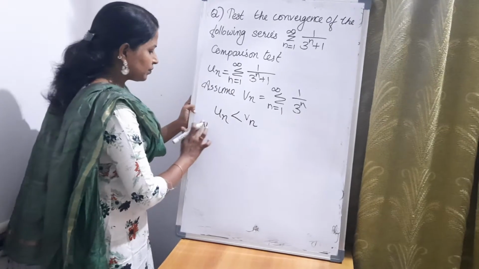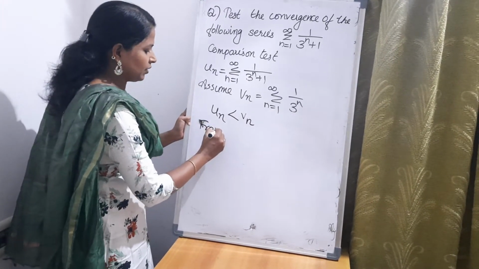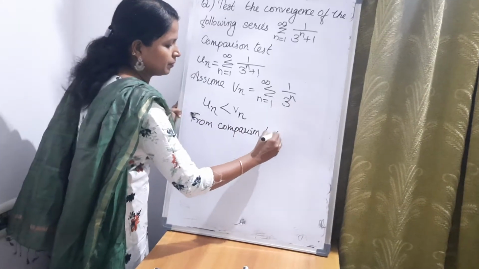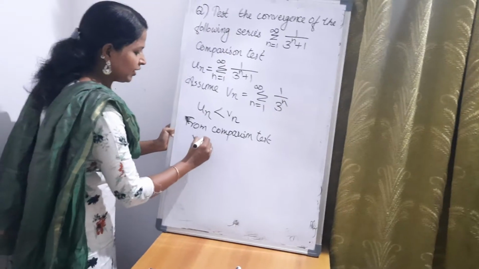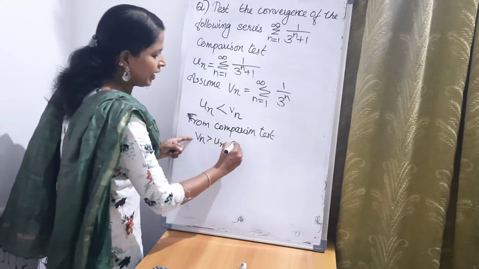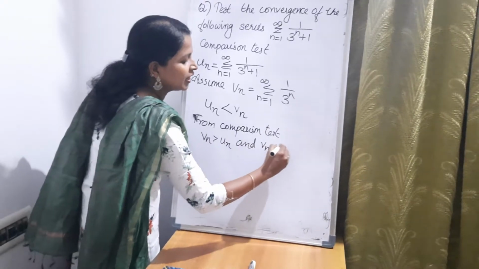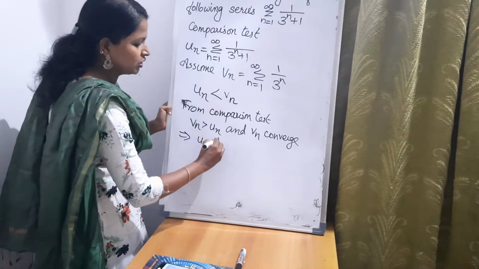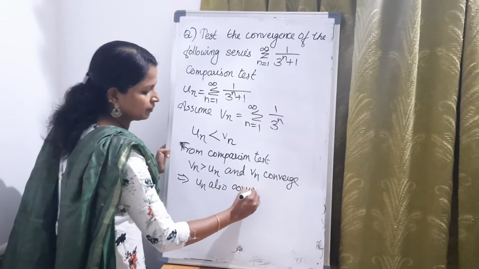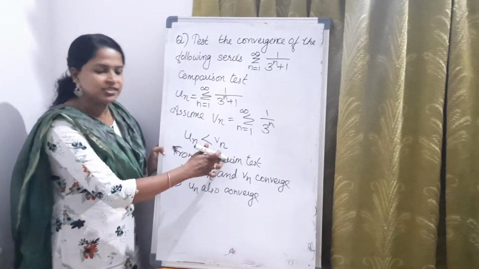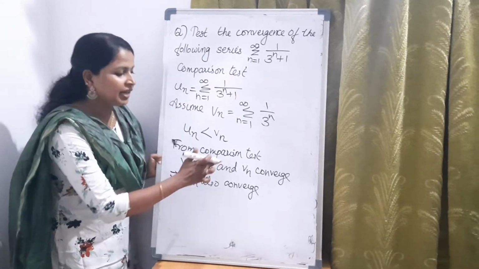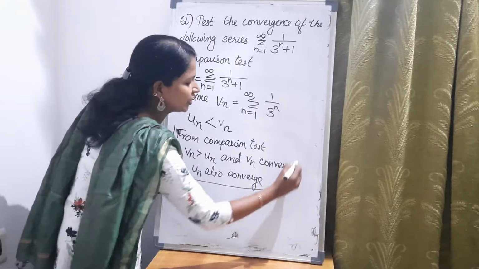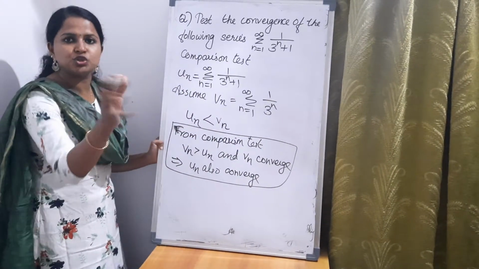And from the comparison test, if Vn is greater than un and Vn converges, which implies un also converges. So first we check whether Vn converges or not.